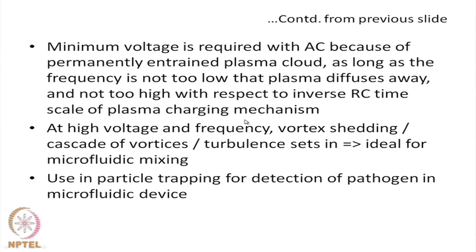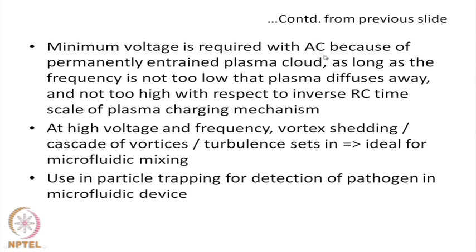This plasma charging mechanism can also be looked into as a resistance-capacitance model, and that will have its own time scale. It takes some time for the plasma charging. So, the time scale for this AC, the AC time period, has to be within this framework.